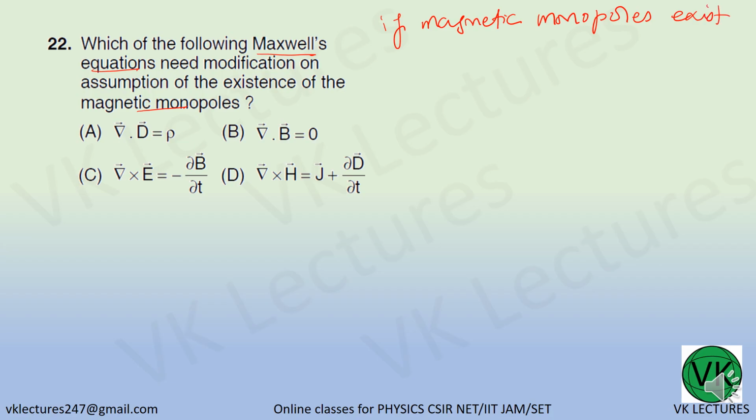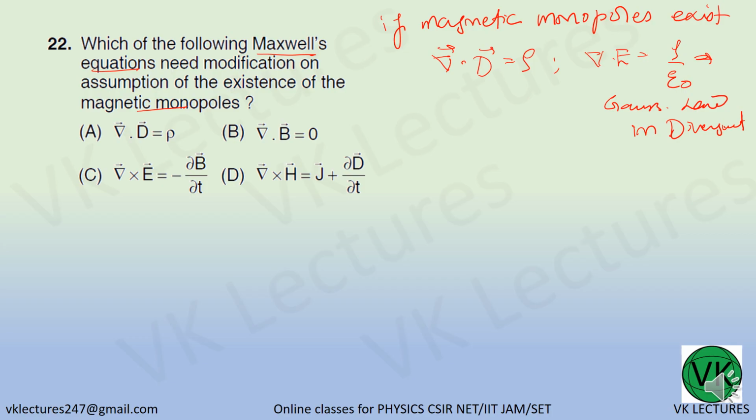Now let us take this first Maxwell's equation, that is del dot D equal to rho, or del dot E is equal to rho by epsilon naught. This is Gauss law in divergence form.